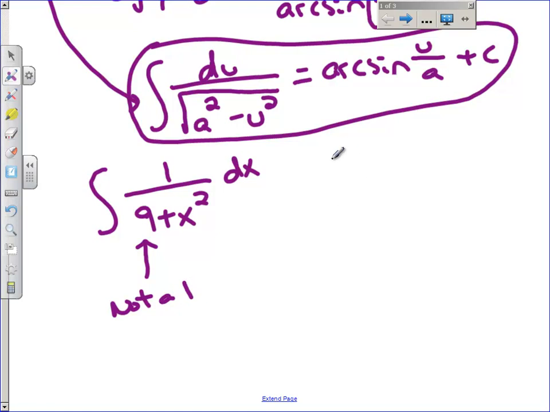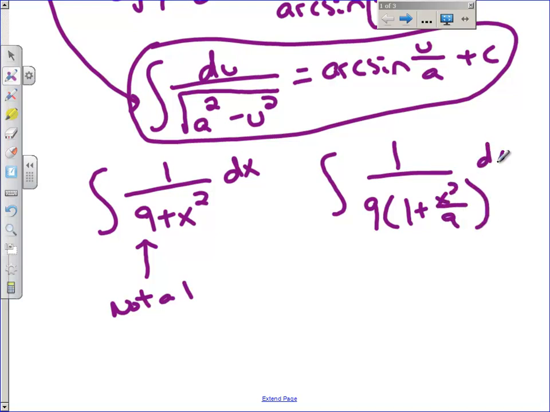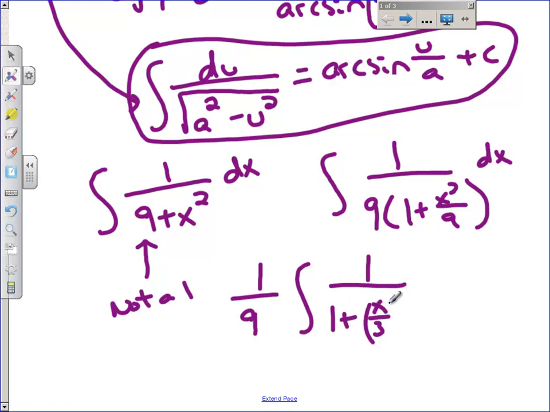Well, I'll go ahead and factor that 9 out. So if I factor a 9 out, this is 1 plus x squared over 9, and that's a dx. And I'll pull the 1/9 all the way out in front, and this turns into 1 over 1 plus x squared over 9 can be written as x over 3 squared dx.